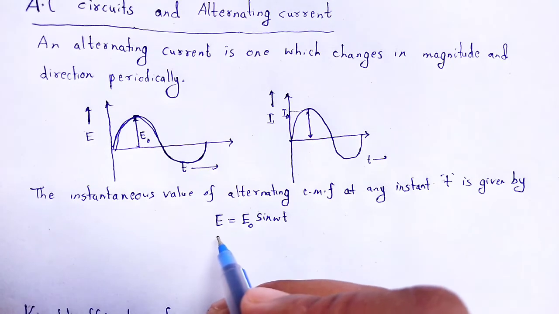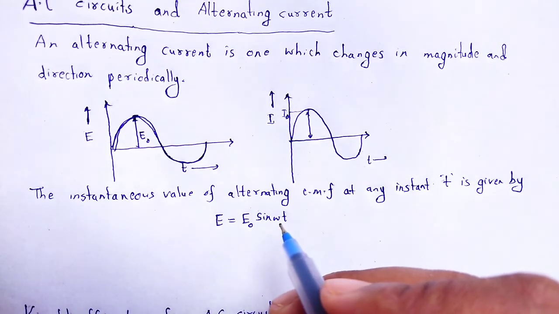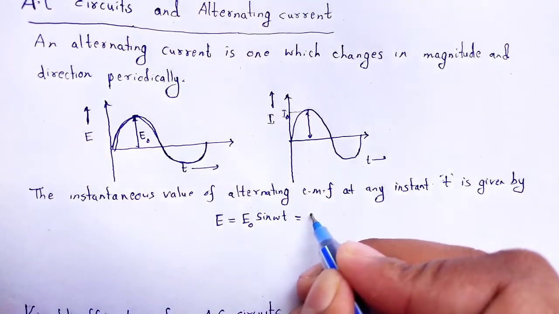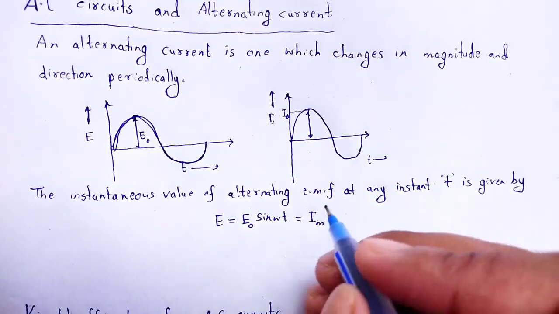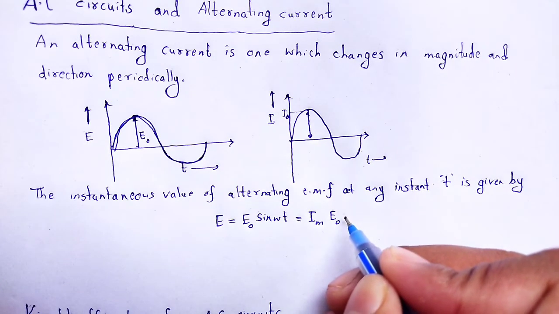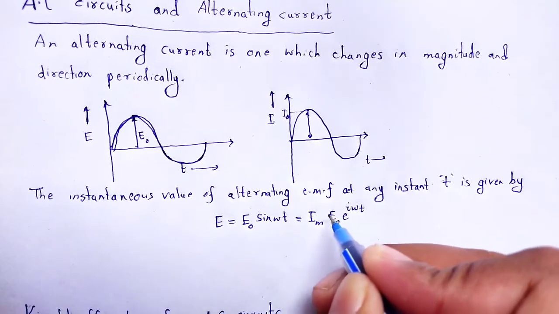Here we represent that EMF in terms of a sine function or cosine function. Look here, that can be written as Im, the imaginary part of E naught e to the power i omega t.